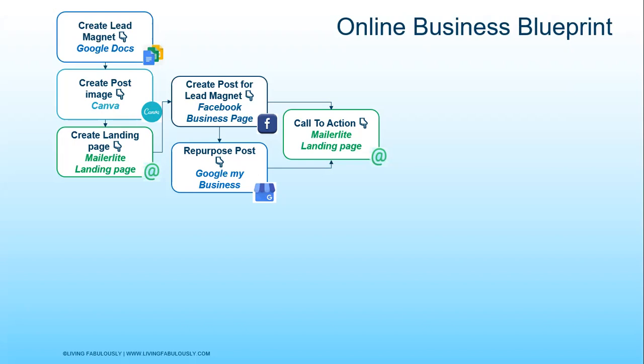So once they've put in their first name and their email address, you want them to press that button. So it's something like, yes, give me my guide. It's an action-oriented statement on that button.